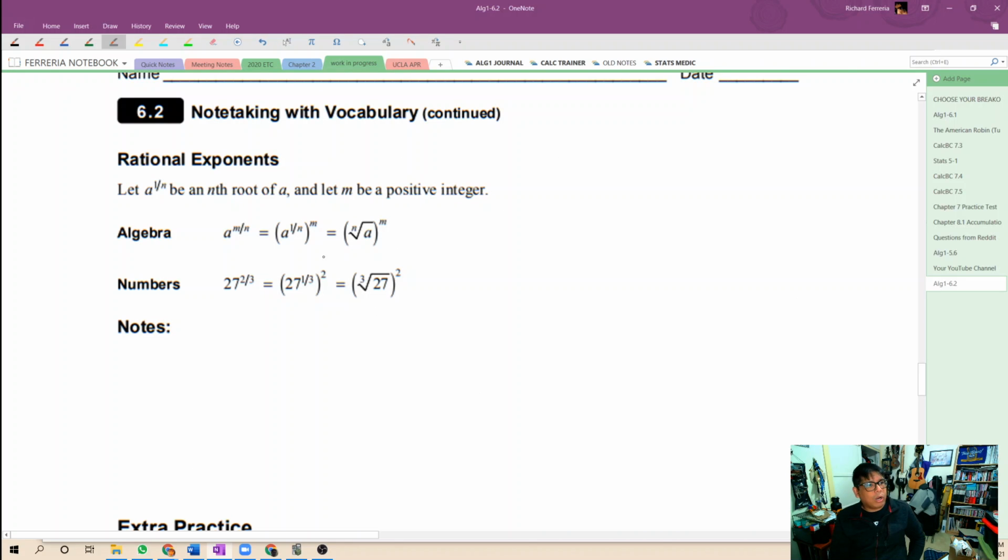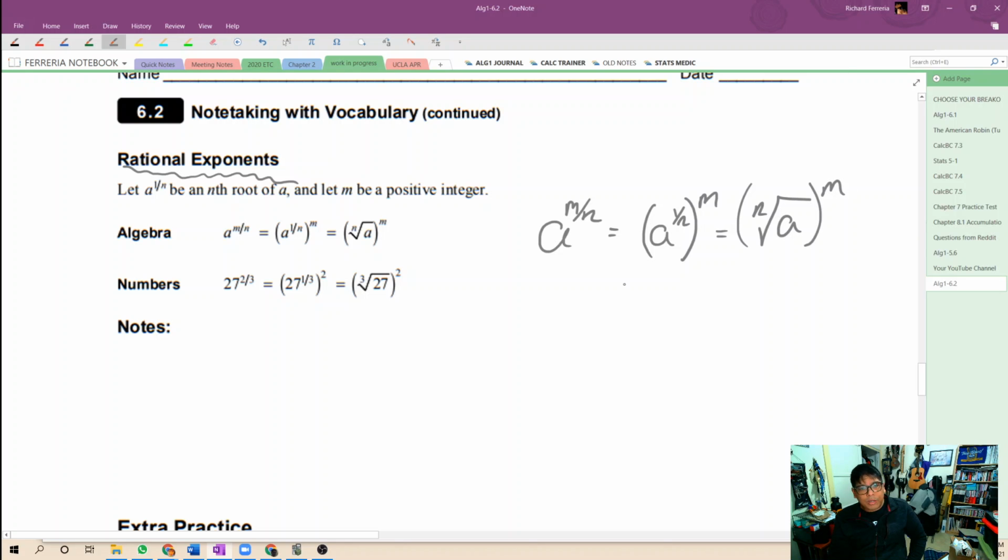Now our next core concept is when we're talking about rational exponents or rational powers, okay? So if I see a to the m over n power, there are 2 ways I can approach this. The first way is a to the 1 over n to the m power. And I could also rewrite that because 1 over n, that's the nth root of a, to the m power.